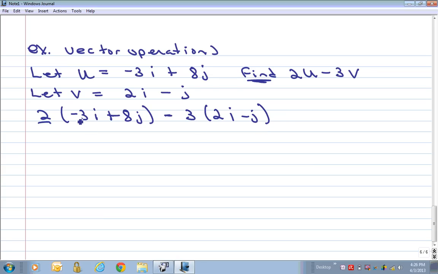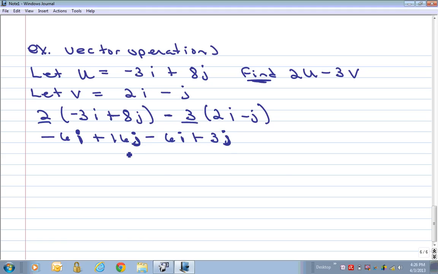And remember, these are scalars, so they're multipliers. Just like the distributive property, we're going to multiply through. We're going to get negative 6i plus 16j. I'm going to make those bold. And then we're going to have minus 6i plus 3j.